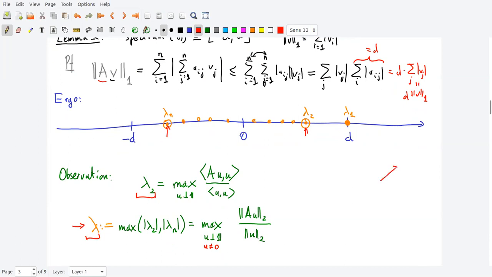So I look at the vector of all ones and I take the subspace that is orthogonal. And I look at how much at most the operator A can expand the L2 norm of the vector. So I take the ratio between the L2 norm of the vector after application of A divided by before the application of A, and I take it over the orthogonal subspace.